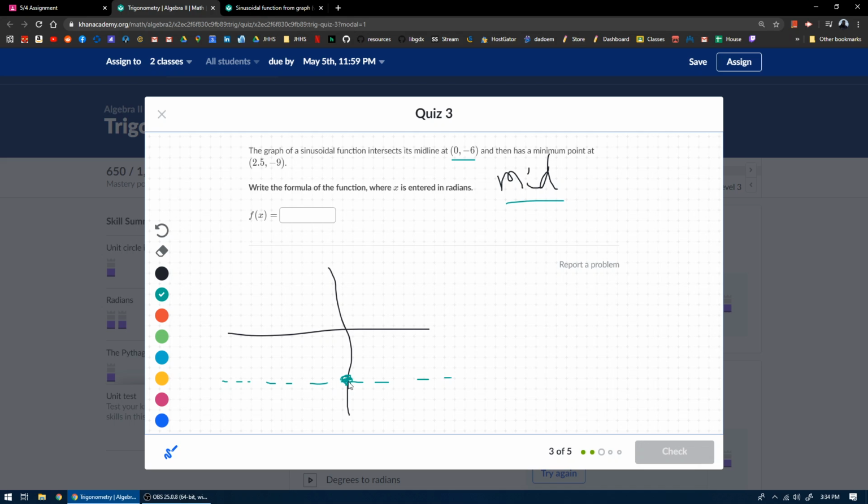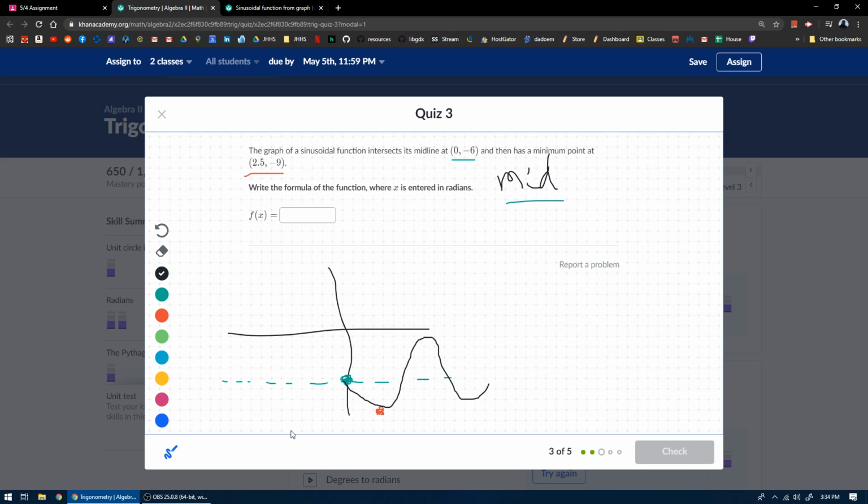So it intersects the midline at 0, -6. That means the midline is down here. It has a minimum point at 2.5, -9, so over here, that's the minimum point. And then I just graph it like this.